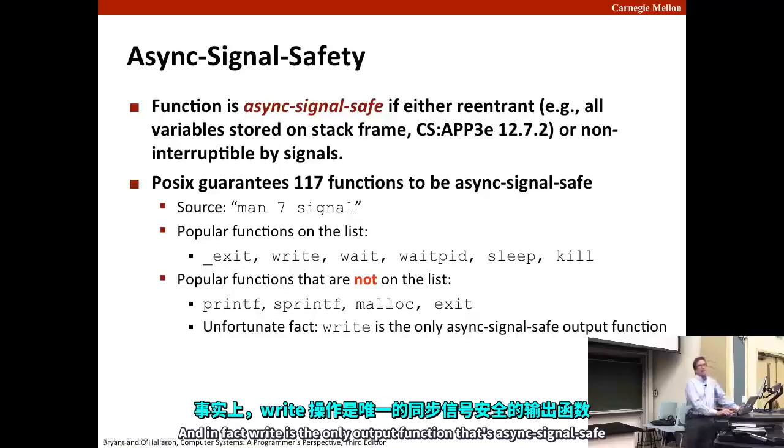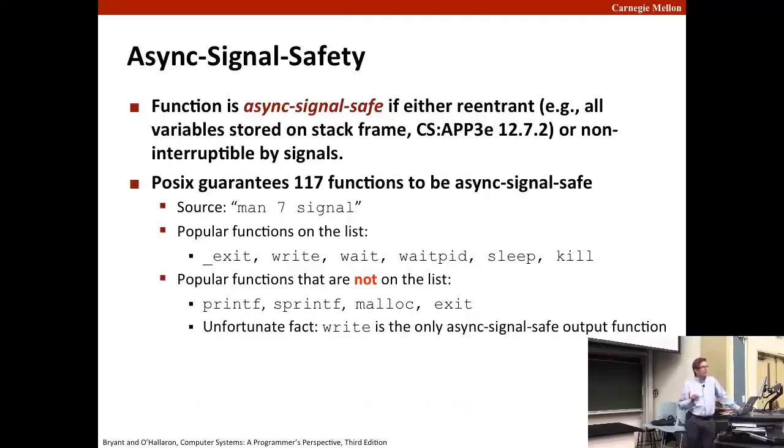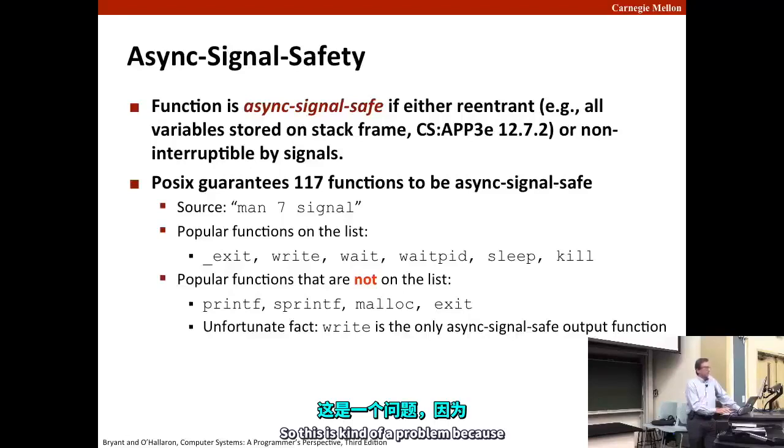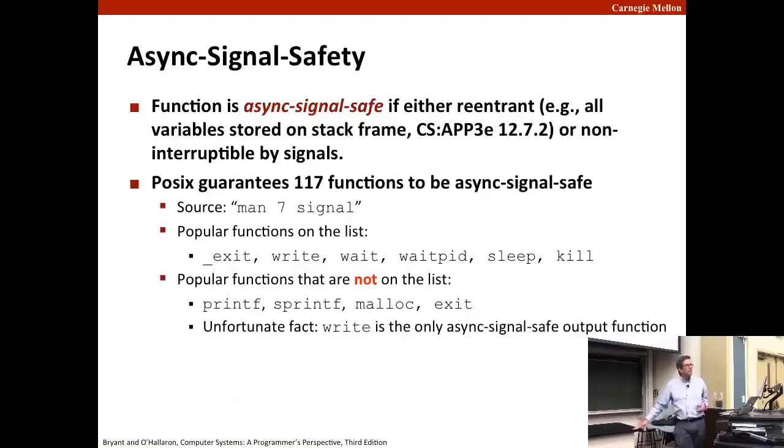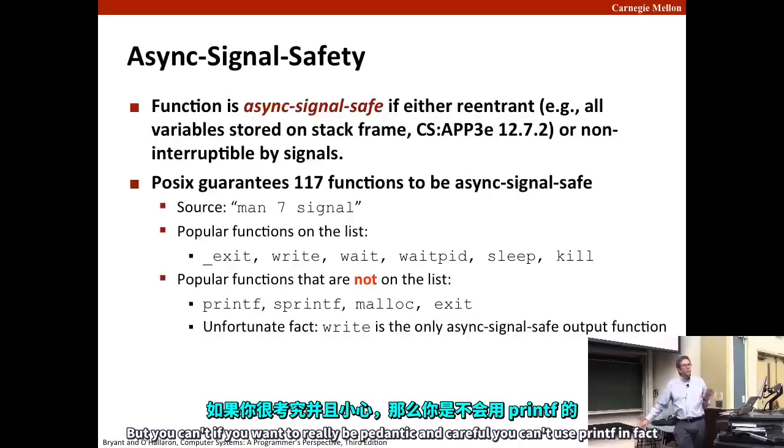In fact, write is the only output function that's async signal safe. This is kind of a problem because you'd often like your signal handlers to output information, but if you want to be pedantic and careful, you can't use printf.